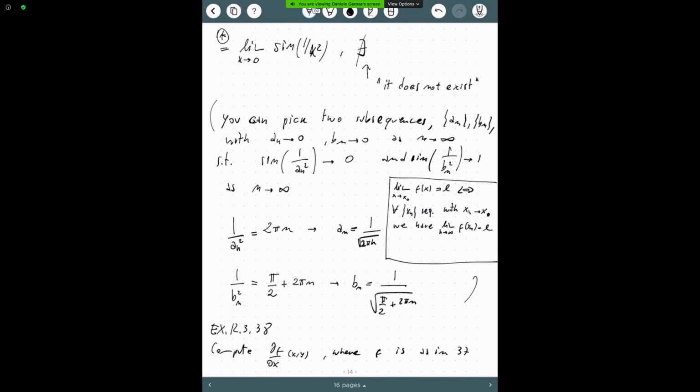So that means that the limit does not exist, because that's the argument. If a limit exists, then it must be the same along all the sequences. If I find two different sequences such that the limit is different, then it doesn't exist. That's the same argument that we use to prove that a limit does not exist in several variables. We use curves, but you could as well use sequences.